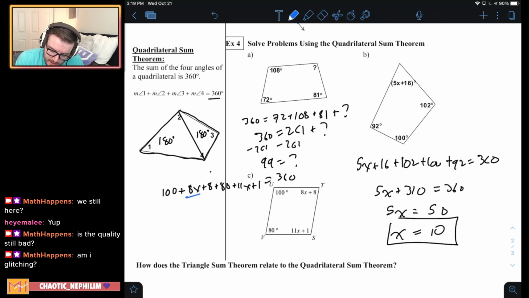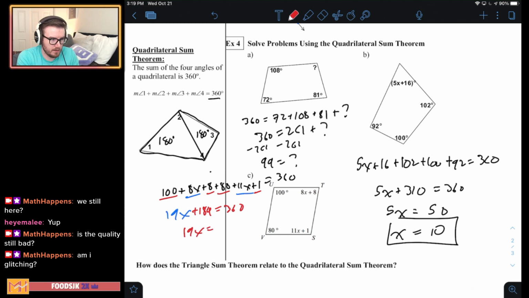So 8x and 11x make 19x, and then 100, 8, 80, and 1. 100 plus 8 plus 80 plus 1 is 189, and that's set equal to 360. Subtract the 189, you get 171. Then that is divisible by 19, and you get 9.